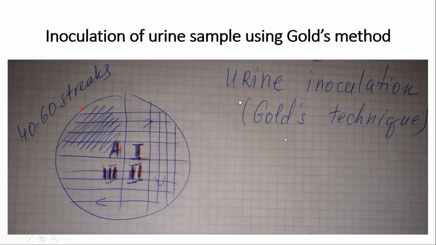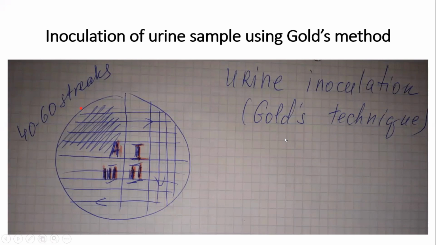Then, with a calibrated sterile loop, a wire loop, or maybe a plastic loop, you take a portion of the urine. In most cases, it should be a centrifuged portion. And in quadrant A, you apply 40-60 sticks without damaging the agar.